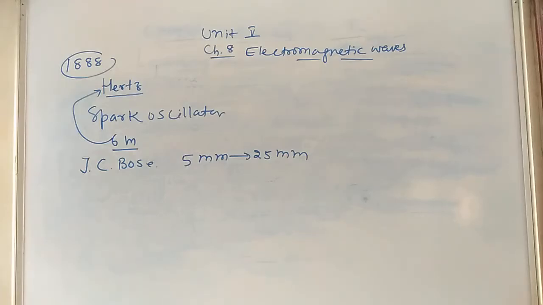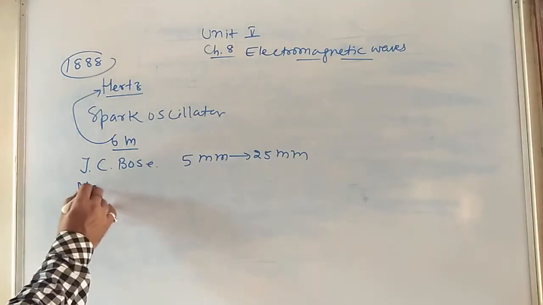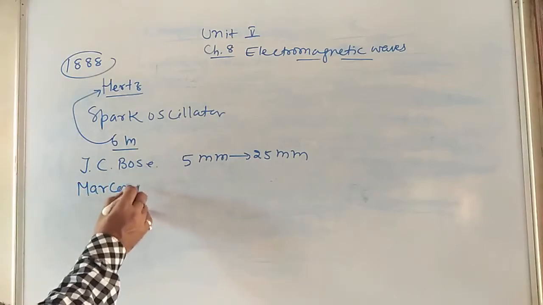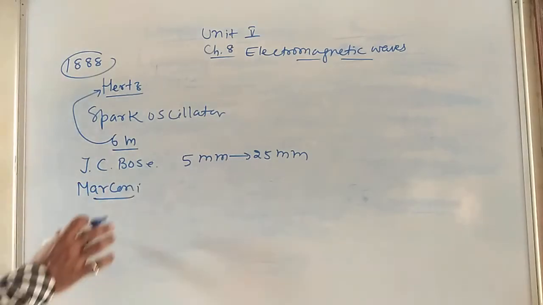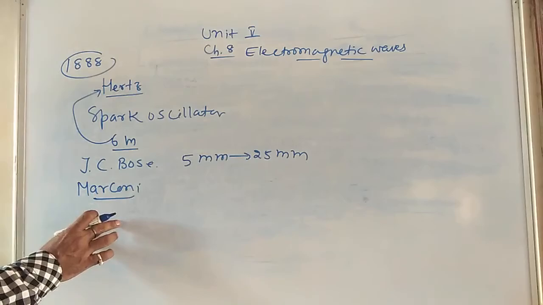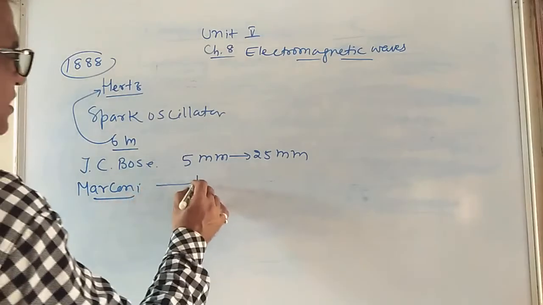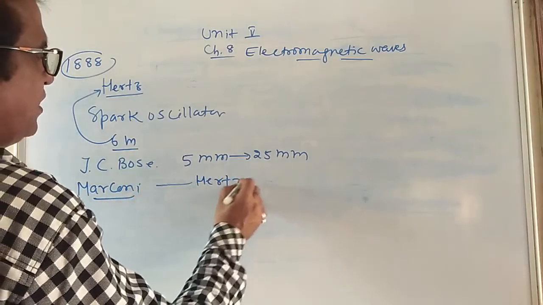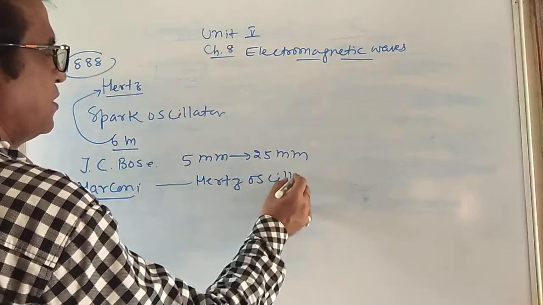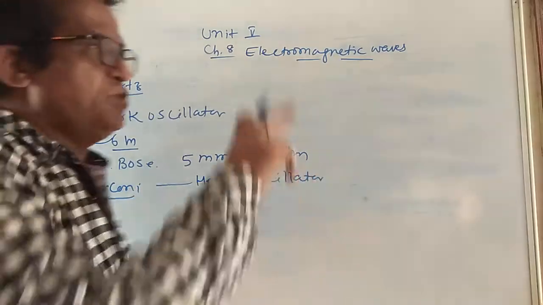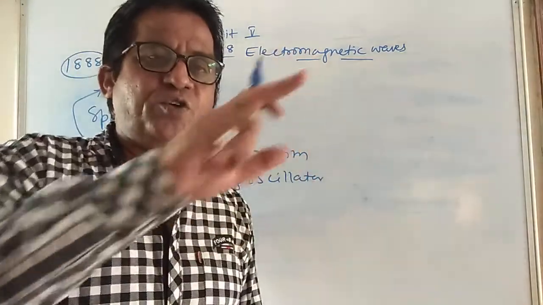Then Marconi comes. We are talking about the history. First Hertz, J.C. Bose and then Marconi discovered that one of the spark gap terminals of the Hertz oscillator, we will see this experiment. The Hertz oscillator is a device by which such types of waves are produced.